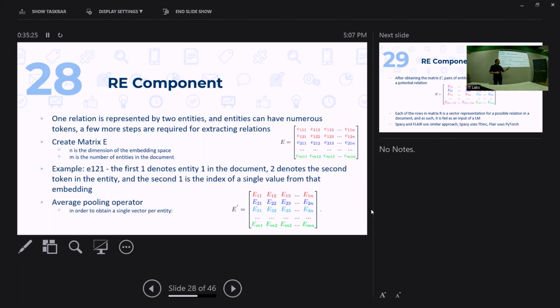It doesn't have to be this way. We tried with average, with max. Max was better, so this is my mistake. We obtained a single vector per entity. This is the vector for the first entity, the vector for the second entity, and so on and so forth.